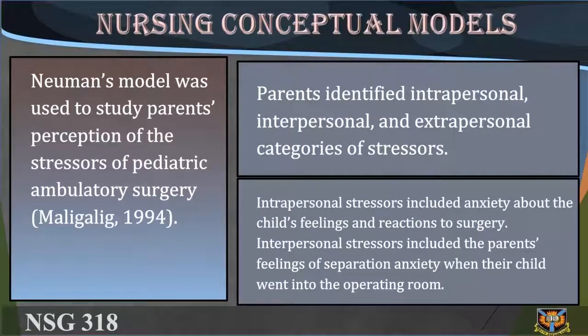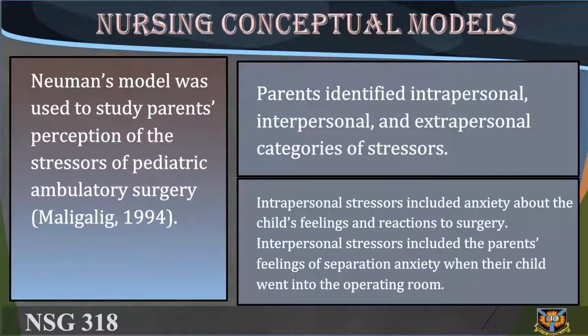Newman's model was used to study parents' perception of the stressors of pediatric ambulatory surgery (Meligalig, 1994). Parents identified intrapersonal, interpersonal, and extrapersonal categories of stressors. Intrapersonal stressors included anxiety about the child's feelings and reactions to surgery.